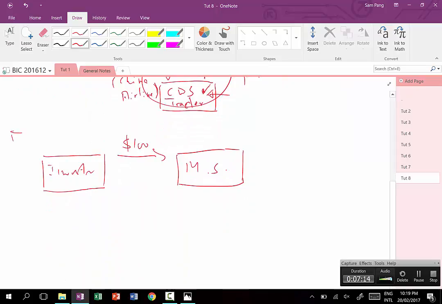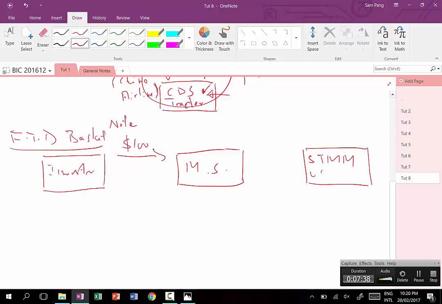if you were to trade a first to default basket note, okay, here is what happens. So you still pay $100 to Morgan Stanley, and they still go to the short-term money market or the US Treasury market, and they will still pay away that amount, and they get a base return.